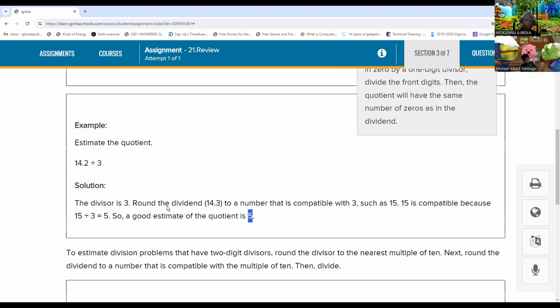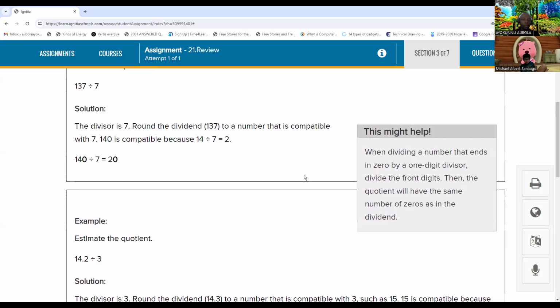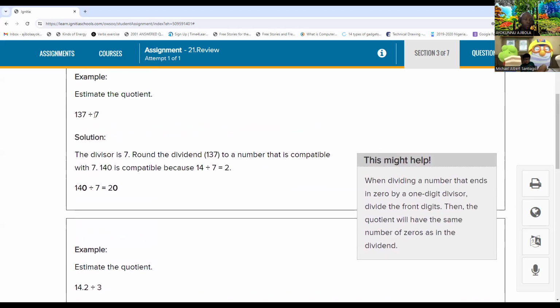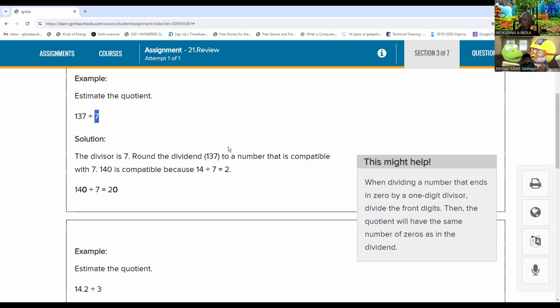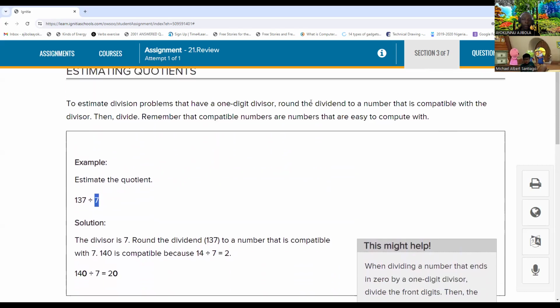To estimate division problems that have 2-digit divisors, round up the divisor to the nearest multiple of 10. Now, look at the difference here. When you have only one digit divisor, you are going to round up the dividend, not the divisor.